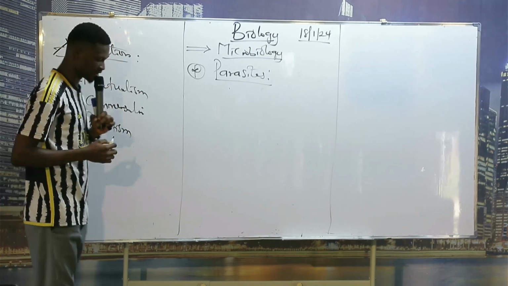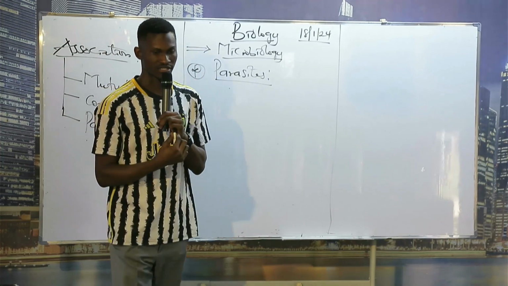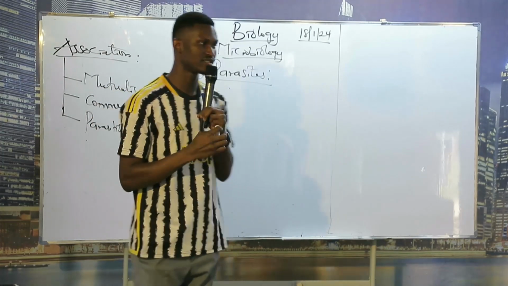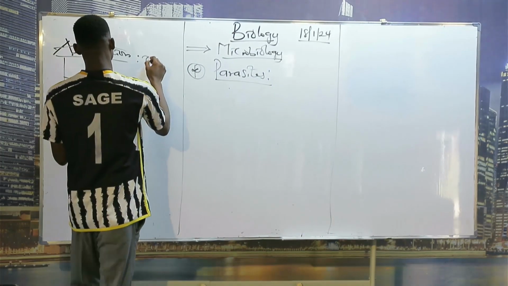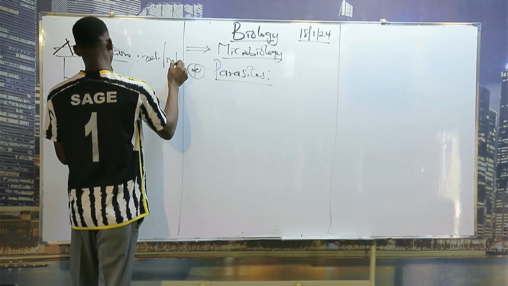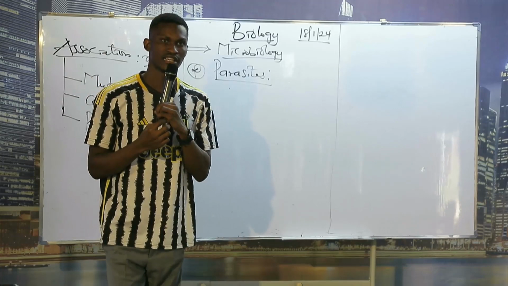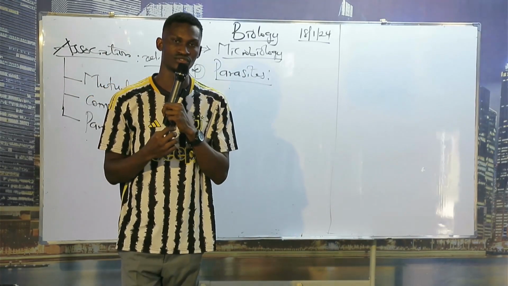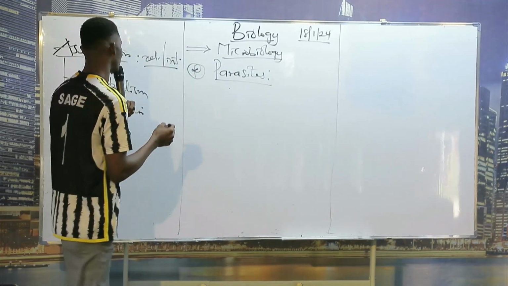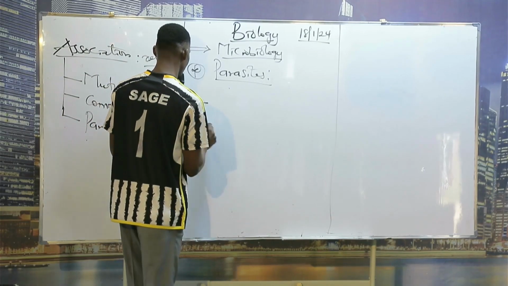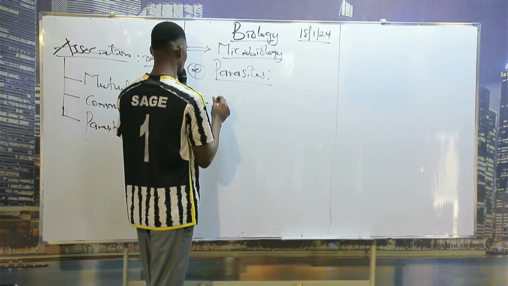Now, I remember defining association in the last class, and I said that association simply means the relationship or the interaction between organisms. Is that correct? Then that interaction is divided into 3. And I told us that there are 2 major concepts that we need when we talk about association.